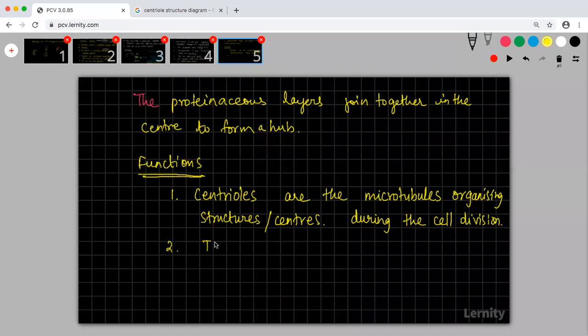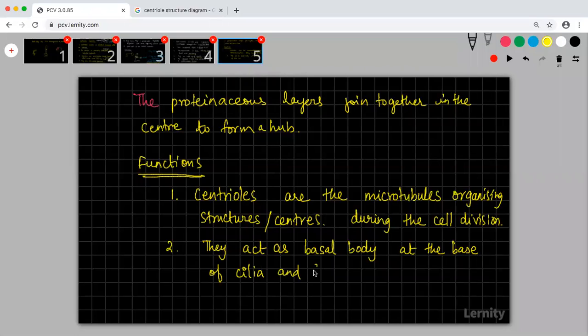They replicate and then they act as basal bodies at the base of cilia and flagella. So these two are the functions of centriole.